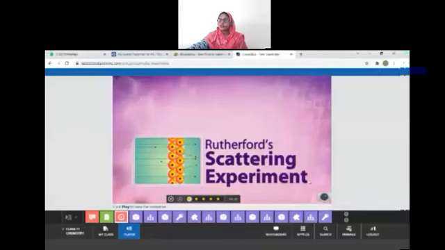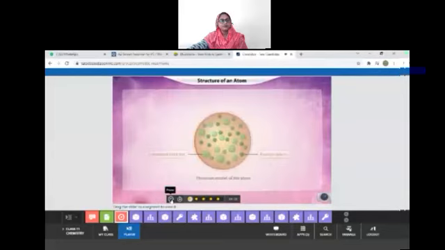This is the Rutherford scattering experiment. Thomson's atomic model is the simplest model of an atom. See, this is the Thomson atom model which we have studied.